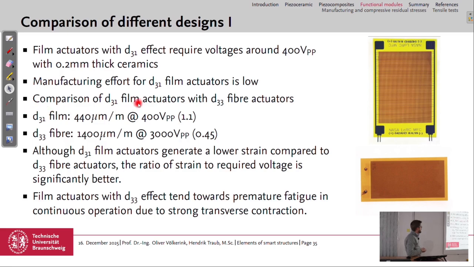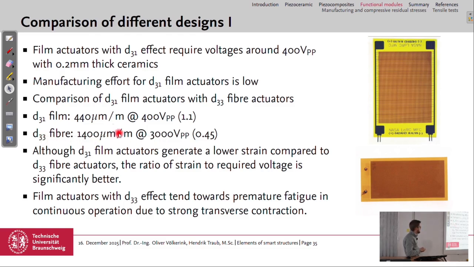But if we compare D31 film actuators to the fiber actuators with round or rectangular fibers, we see that with the D31 effect, we get less displacement or elongation, only 440 micrometers at 400 volts peak to peak. And for the D33 fibers, we get 1,400 micrometers, so 1.4 millimeters, but we need 3 kilovolts peak to peak.